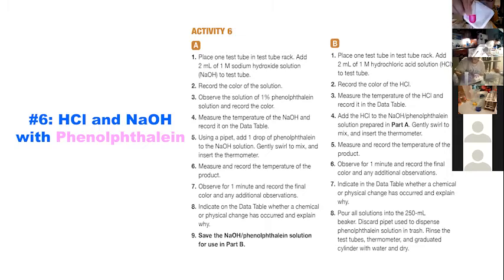It's definitely easier to see against a white background. So if we have 2 clear solutions and we get a pink color, what does that tell us? Really acidic. No. Wouldn't it be that a chemical reaction occurred? That's right, a chemical reaction occurred.